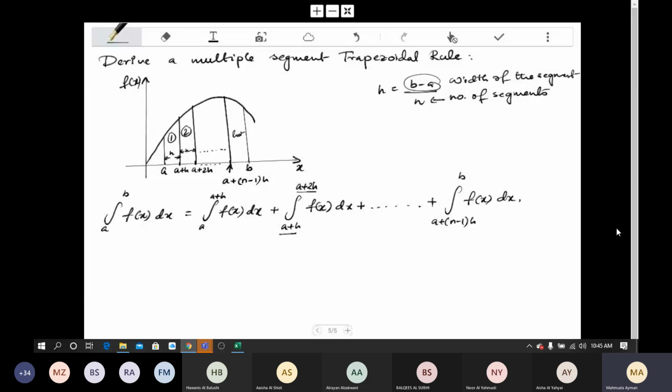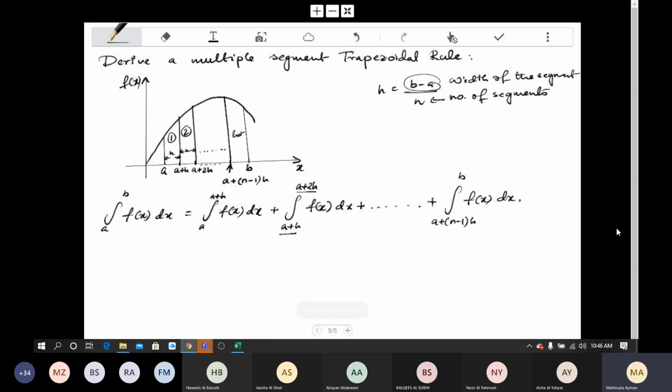Until now, we have no approximation. These are all proper integrals. But now, for each integral, we approximate every single segment by the trapezoidal rule, using the formula. So that will be an approximate value.